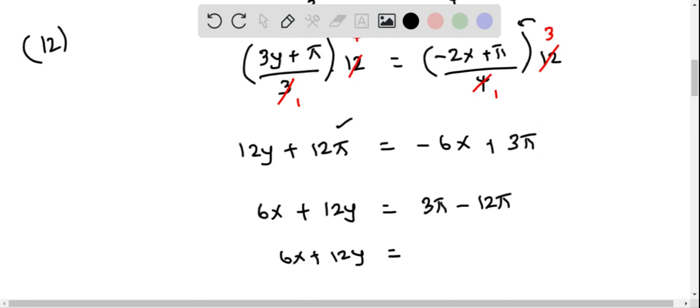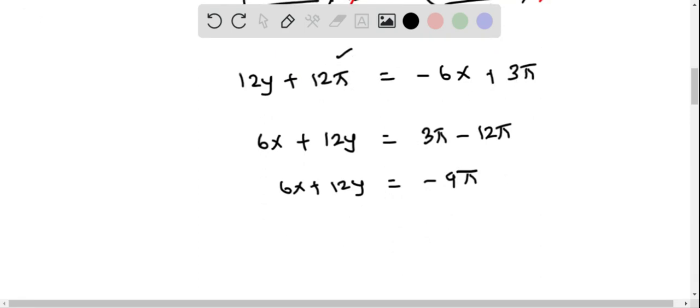This equals negative 9 pi. In fact, now I see that every term has a factor of 3. So I divide both the left and right side by 3.